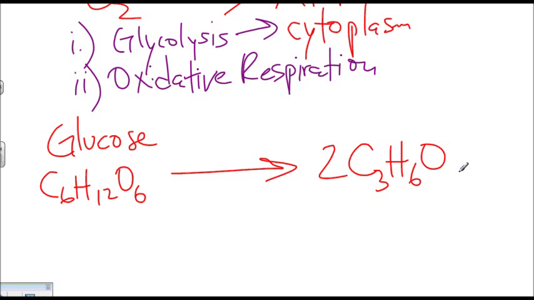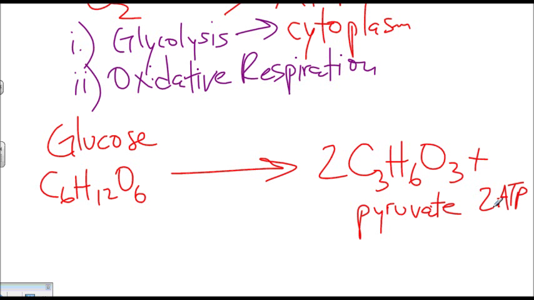Notice the formula here for pyruvate; this is exactly half. So we're going to break down one molecule of glucose into two pyruvate.